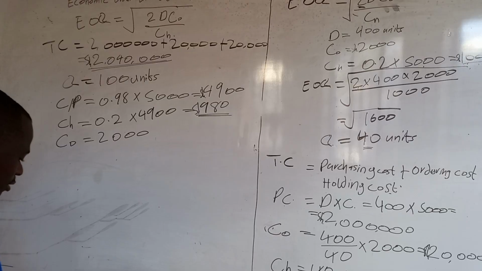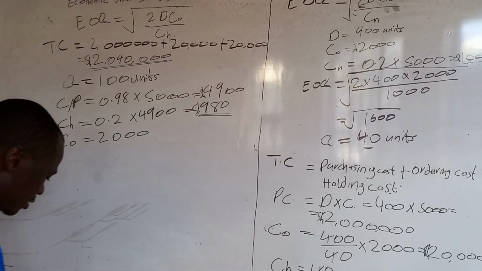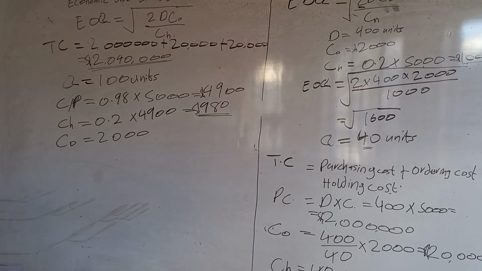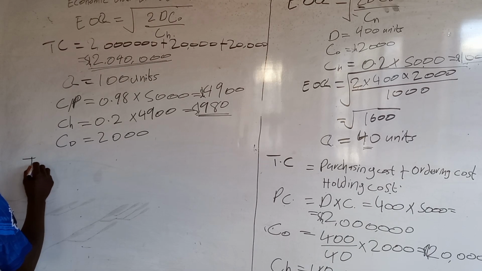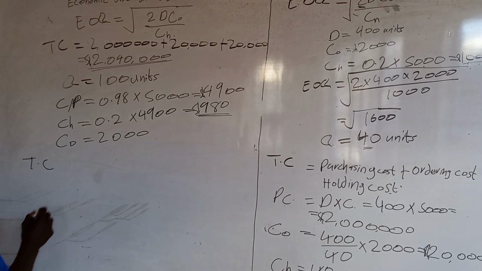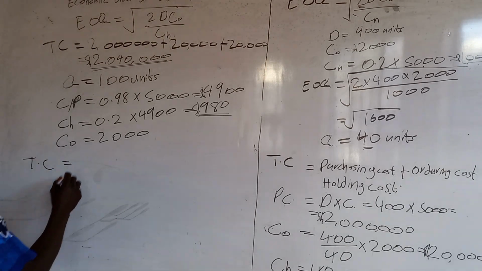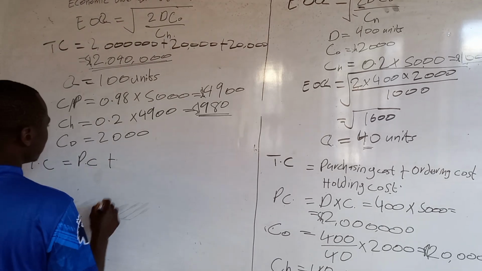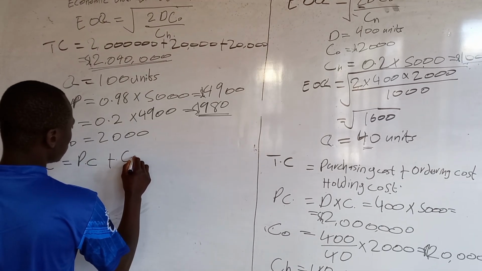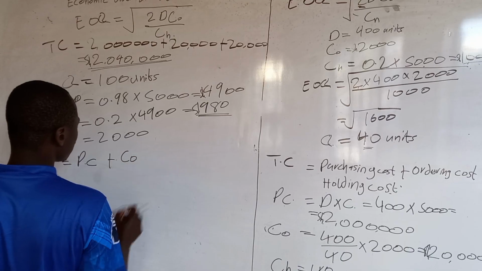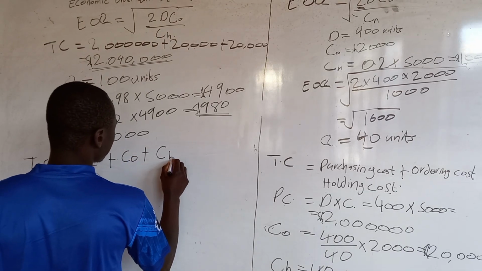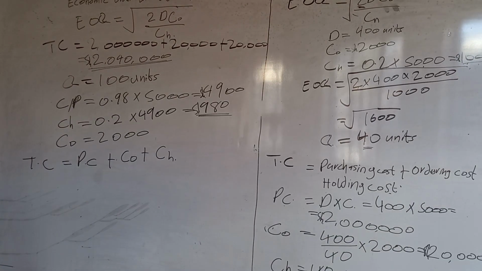Now from here, we can find the total cost. Now, TC still remains purchase cost plus ordering cost plus holding cost. It remained the same.